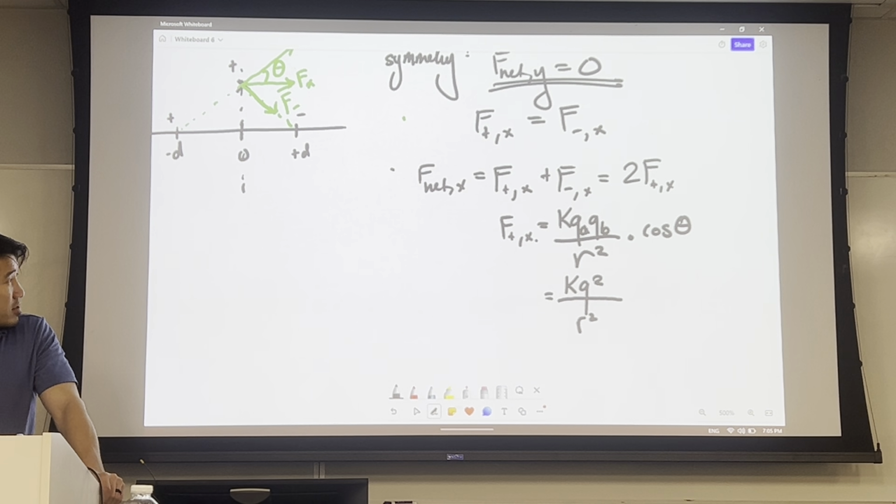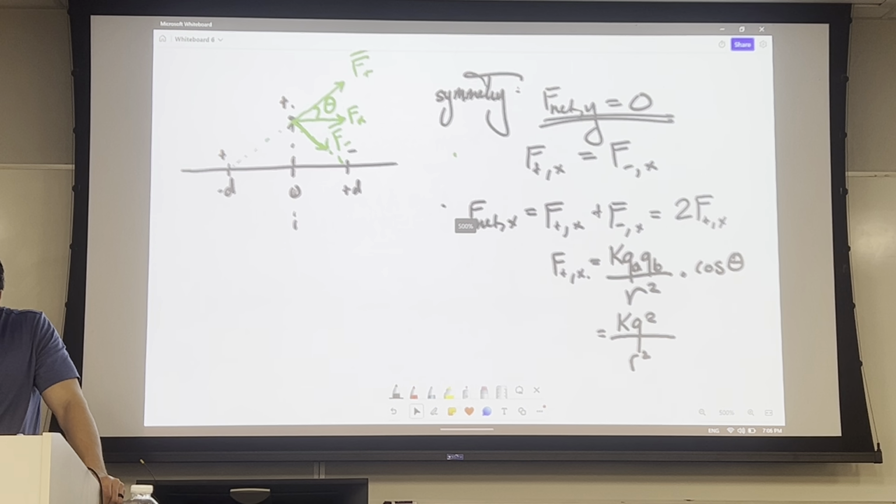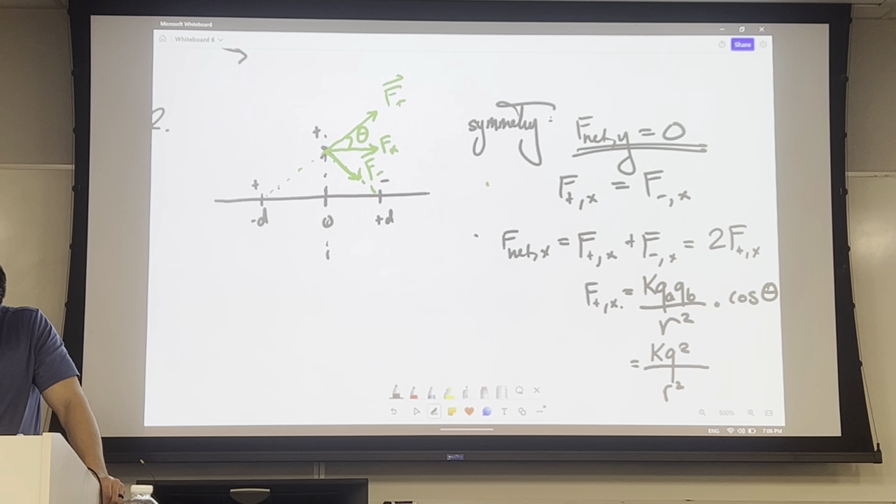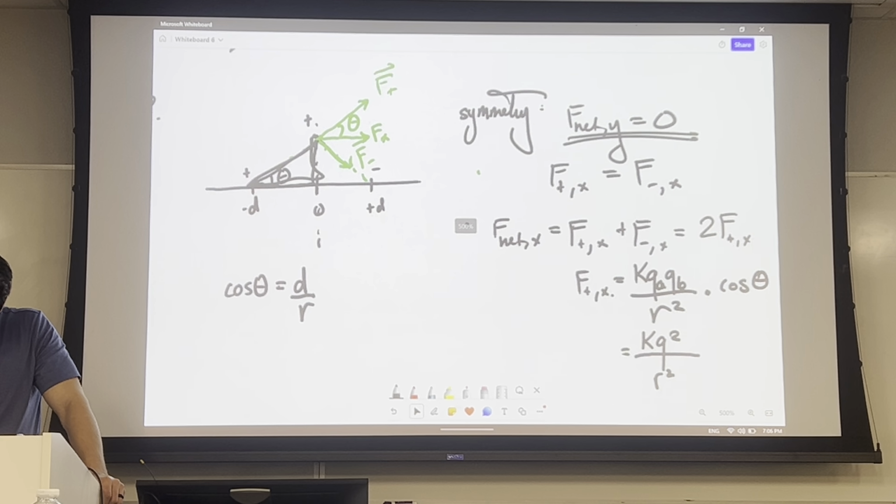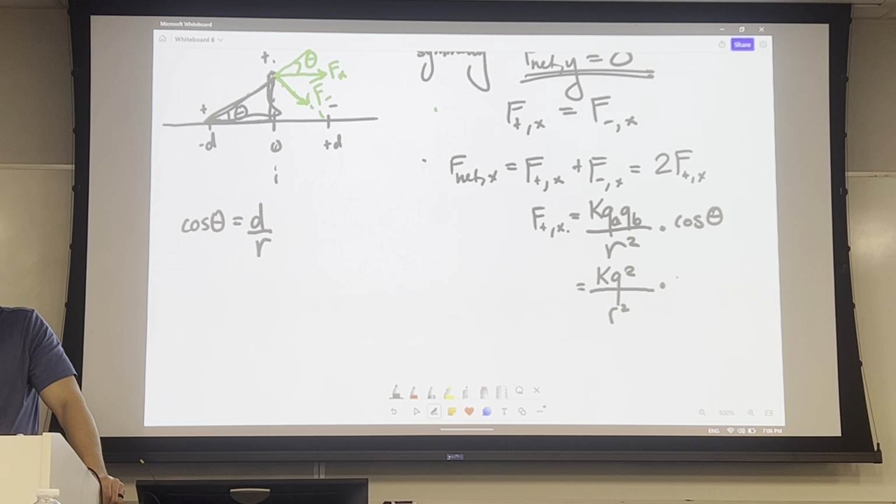Cosine of theta is adjacent over hypotenuse. So this is also theta, and so we have this triangle to work with. So cosine of theta is equal to the adjacent, which will be the length d, over the hypotenuse, which is r. So this would be times d over r.